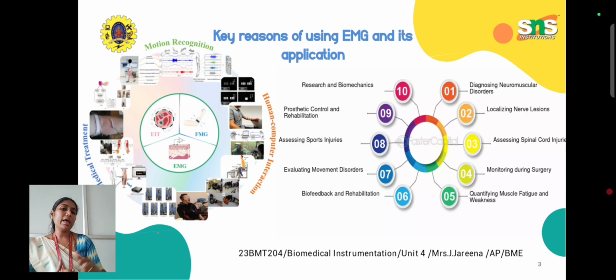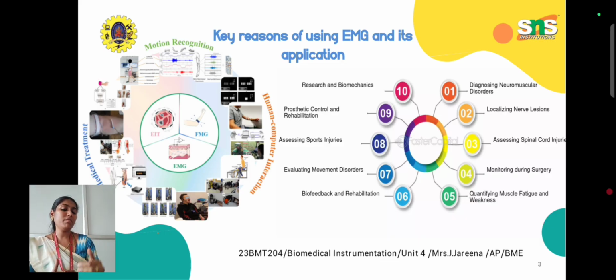Here I have listed nearly 10 applications of EMG. Starting from the basics, it will diagnose neuromuscular disorders, and easily helps to locate where the problem lies, whether it is in a nerve or a muscle. We can easily isolate the particular nerve to identify any kind of problem.